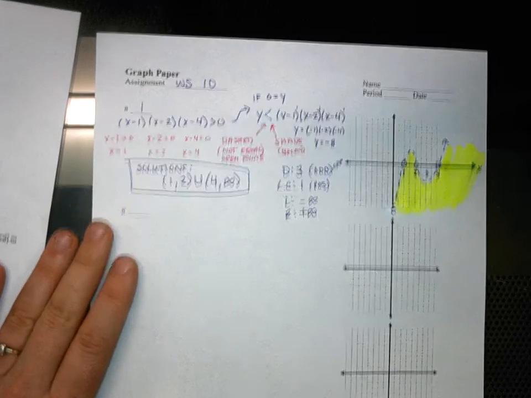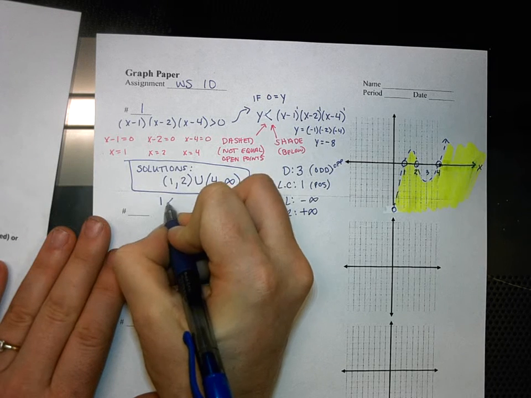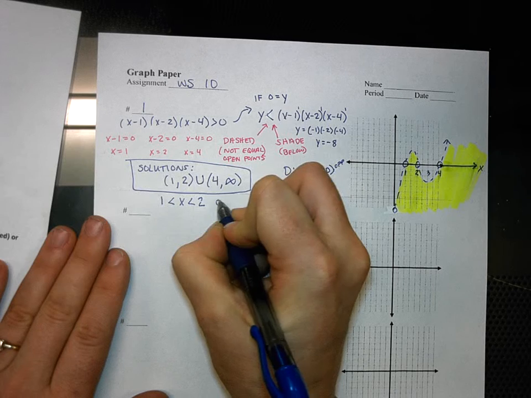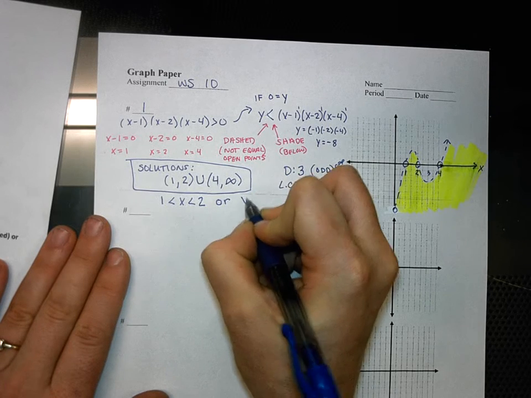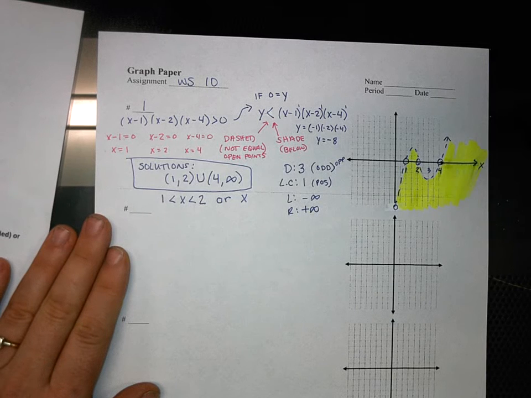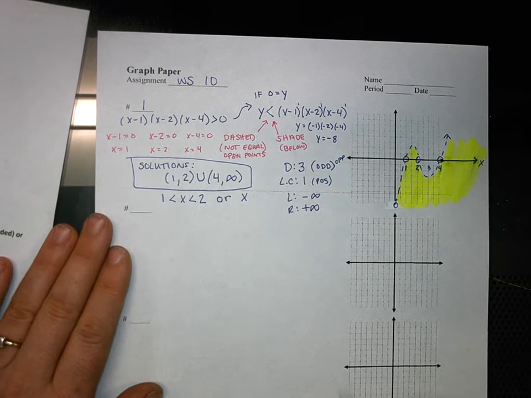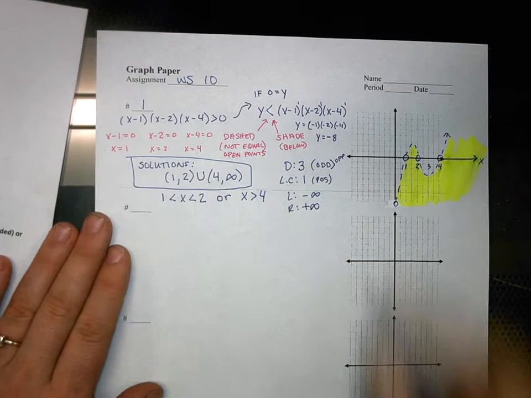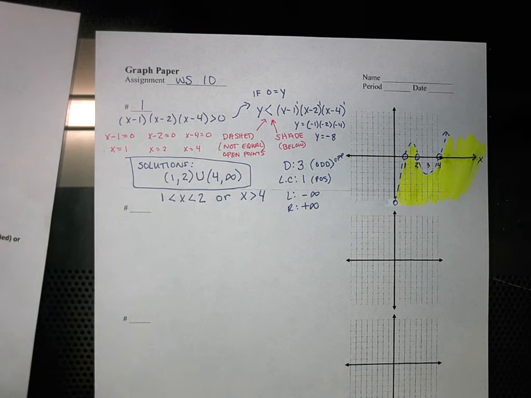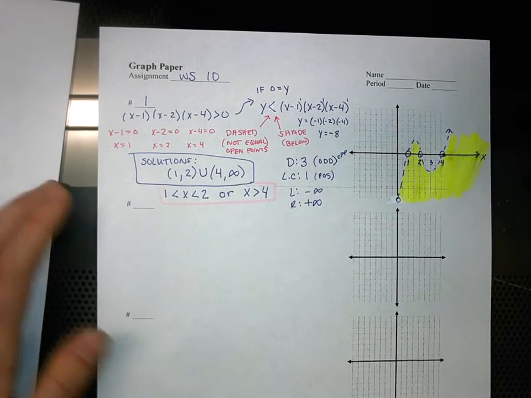If I were to write that in inequality notation, that is 1 is less than x, which is less than 2, or what's my other inequality? X is greater than 4. Okay, you don't have to do inequality notation. It's just good practice.